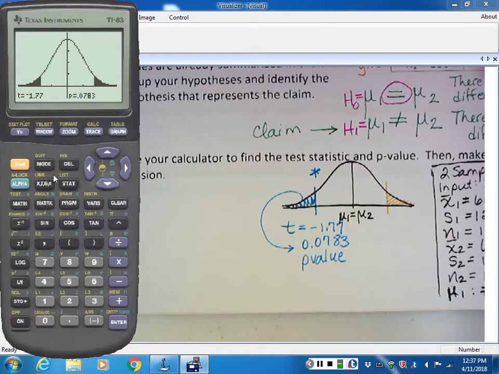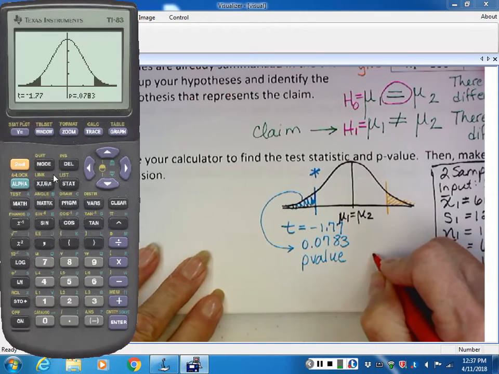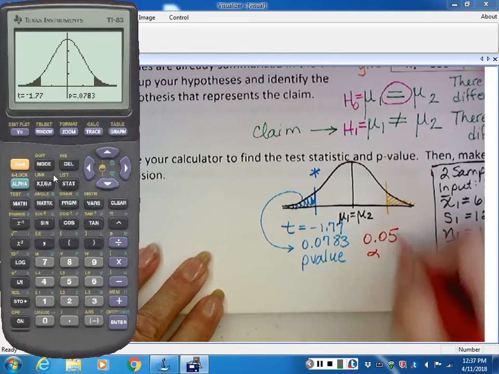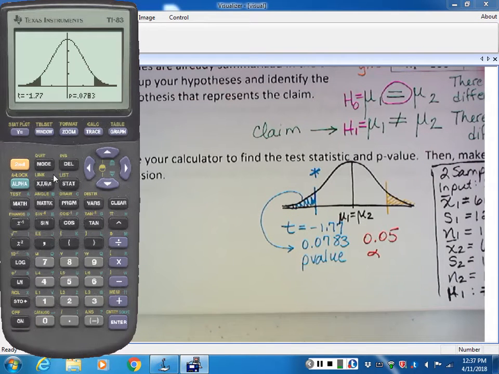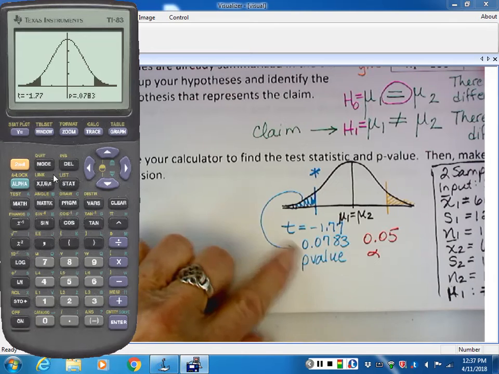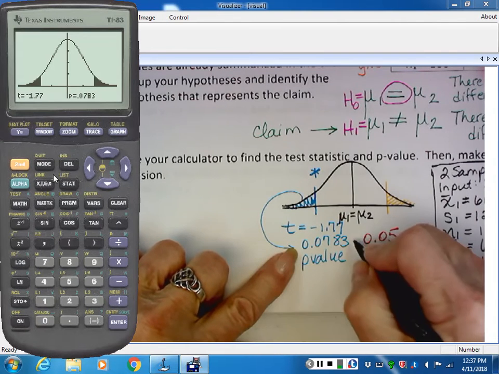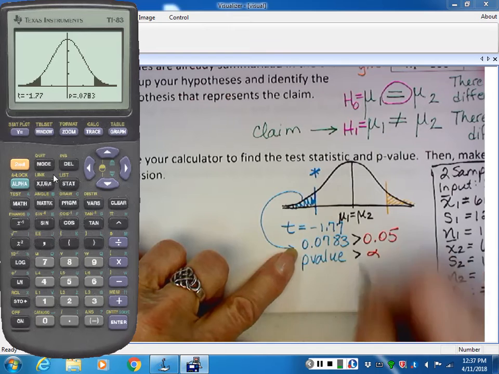And from the statement of the problem, our alpha value was 0.05. Is P less than alpha? No. P is greater than alpha, not less than alpha.